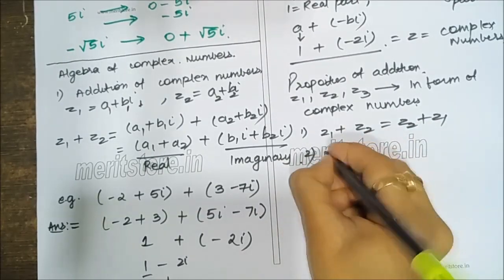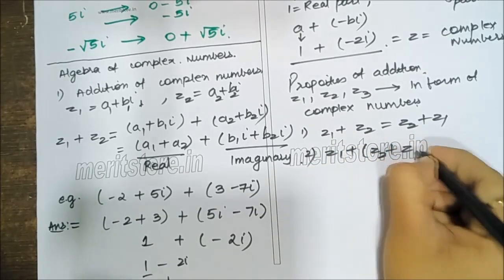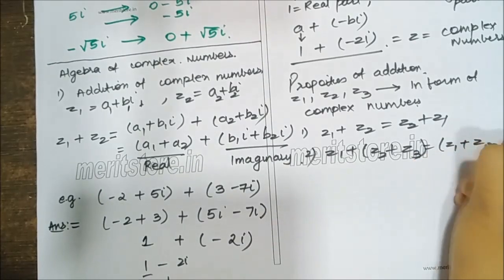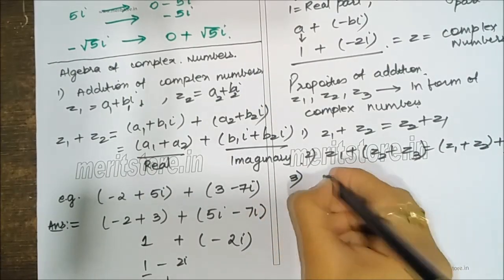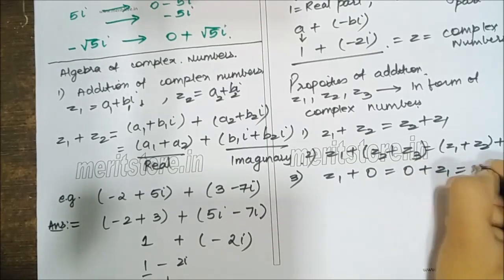Second, Z1 plus Z2 plus Z3 is Z1 plus Z2 plus Z3 in any grouping. Third, Z1 plus 0 is equal to 0 plus Z1 is equal to Z1.